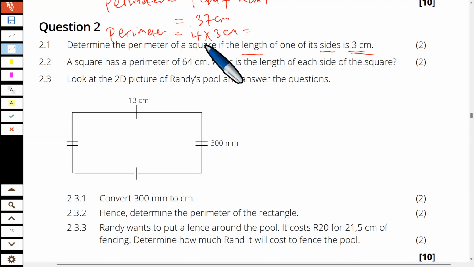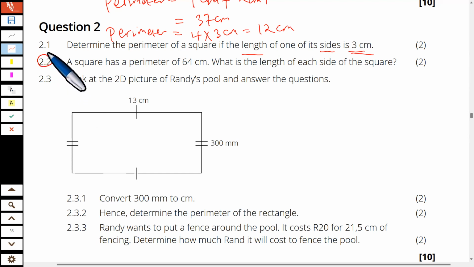Now in a square, you multiply by 4 because the square has 4 sides. So 4 times 3 gives us 12 centimeters. Okay, so we have done 2.1 together.